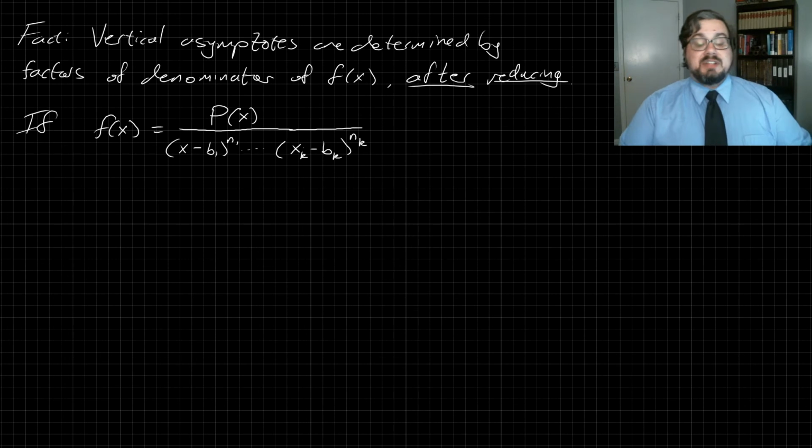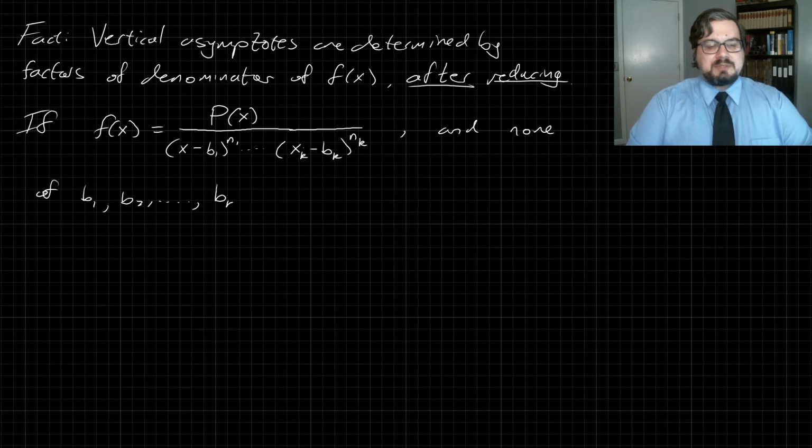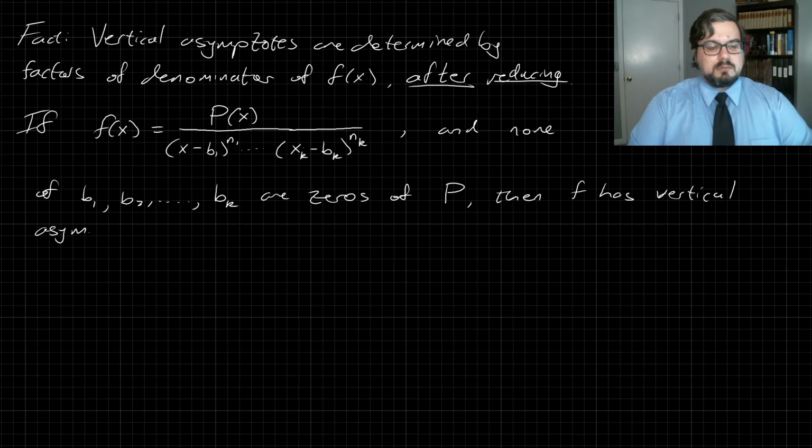If we factored our denominator into a bunch of different factors with these powers, which reminds us of how we were looking at multiplicity, and none of the numbers b1, b2, etc. up to bk are zeros of the polynomial p, then this means that f has vertical asymptotes x equals b1, x equals b2, up through x equals bk.